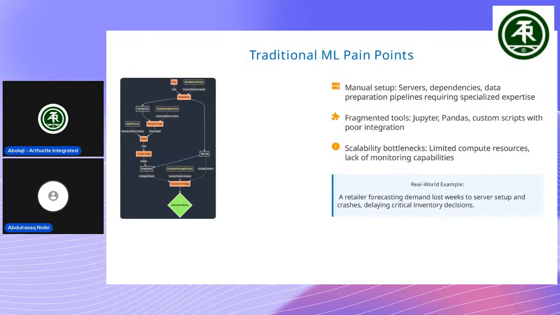This whole process is insane, right? And this is the traditional method of doing it. Now that you understand these traditional ML pain points, I want you to understand where SageMaker is coming in and what it is trying to solve. Can you move on to the next slide, please?